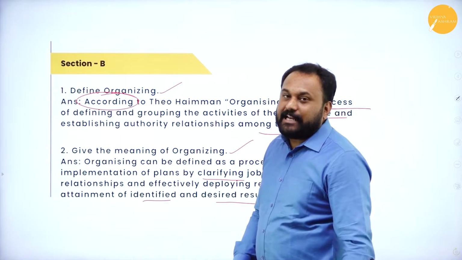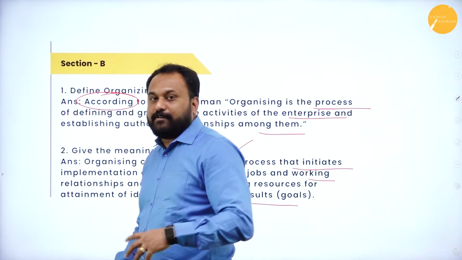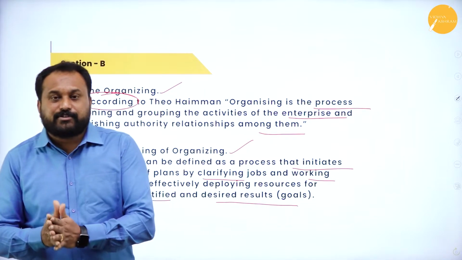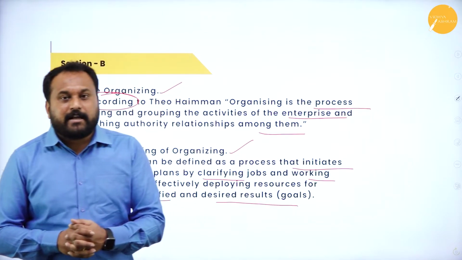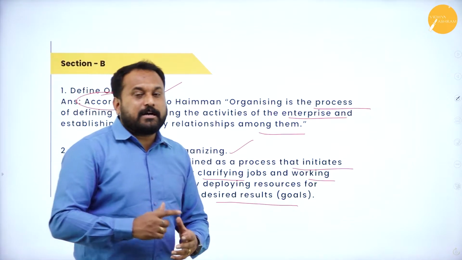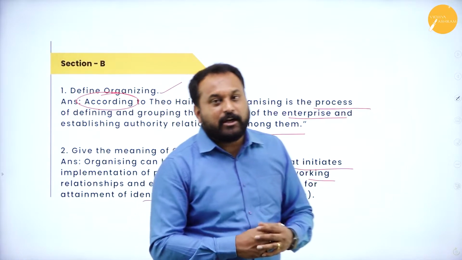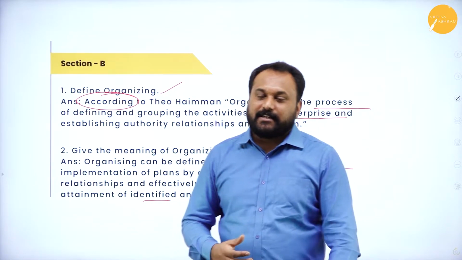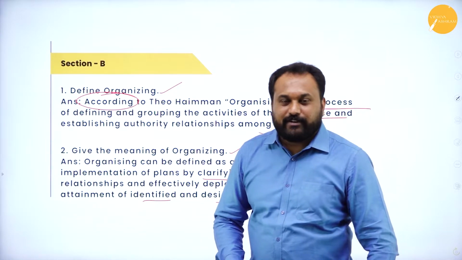So any of these two are the ones which I have already told, that is bringing together physical resources, manpower and finance to accomplish the desired organizational goal, that is called organizing. You can write any of these, whichever you feel comfortable.